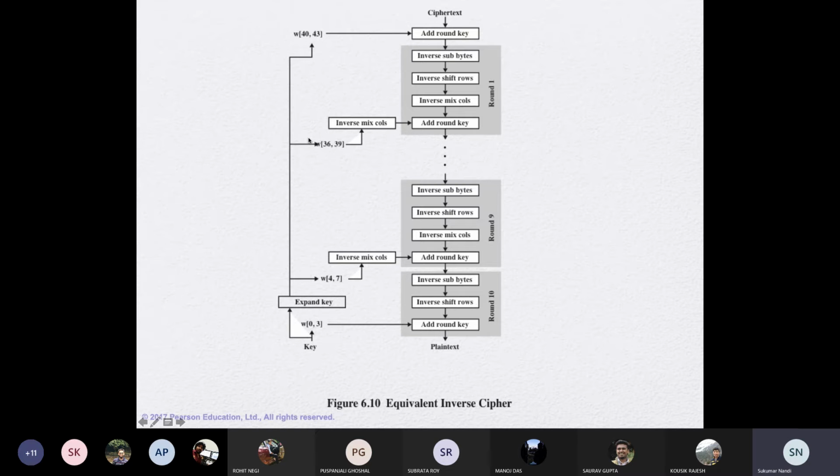Keys will be applied in reverse order, that remains the same. Only these changes are required here, but it's not that important. It is only for the sake of making it appear the same, so I am not putting mind here.